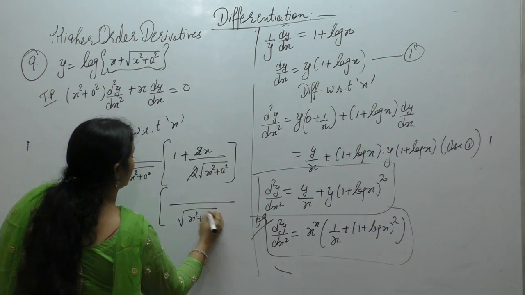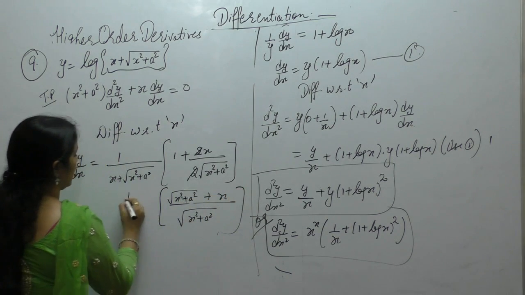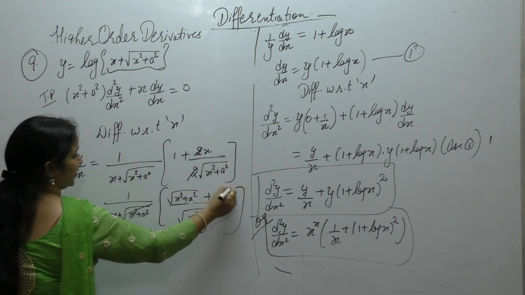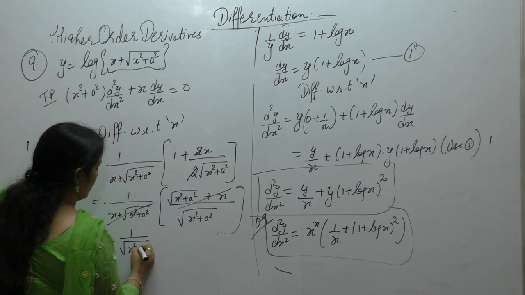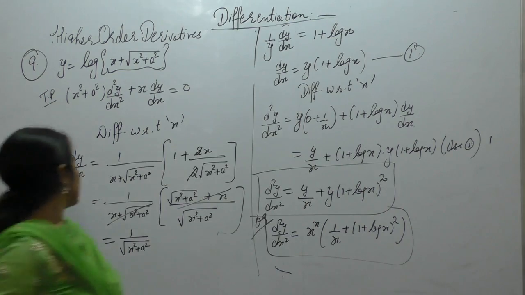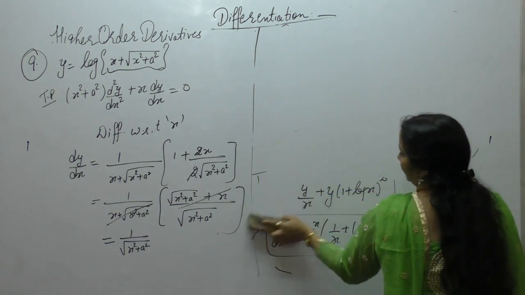Square root of x square plus a square plus x, 1 upon x plus square root of x square plus a square. This term will get cancelled. So here we are left with 1 upon square root of x square plus a square. This is the value of dy upon dx.